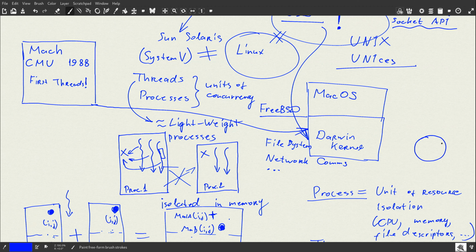And it is responsible for two things actually: precisely process and thread scheduling, or simply speaking, everything related to concurrency, and virtual memory management.